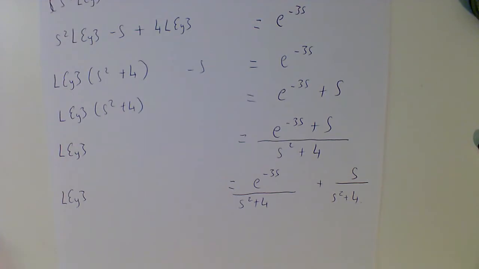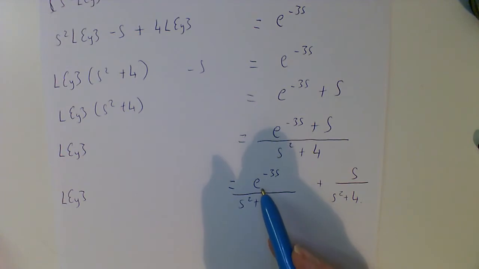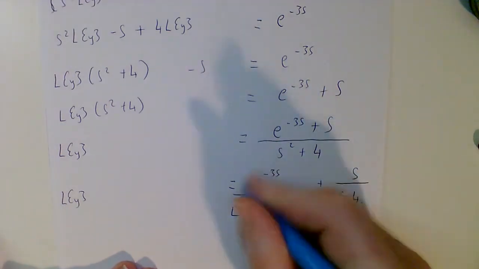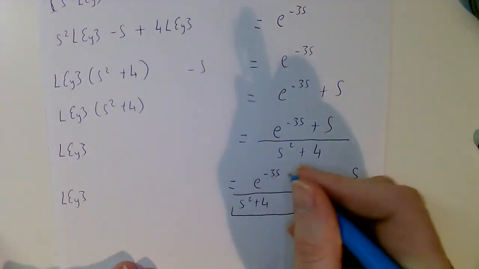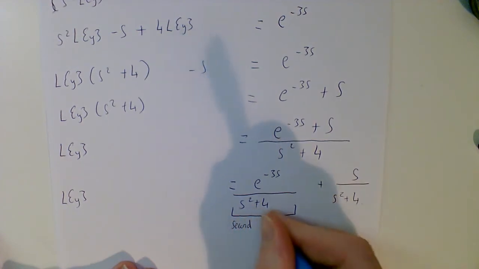The reason it's all written out is that I managed to knock over the camera earlier on, so I thought I would redo it. Right, so this here has got an exponential in it. As soon as you've got an exponential in the top line involving an s, you know you've got to use that second shift theorem.